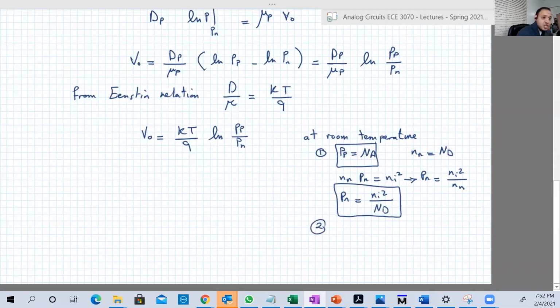The second fact at room temperature is that we know kT over q. Room temperature is 300 degrees Kelvin. So if we substitute here, we know q, 1.6 times 10 to the power minus 19, and we know k, the Boltzmann constant. So this is basically equal to 0.026 electron volt.